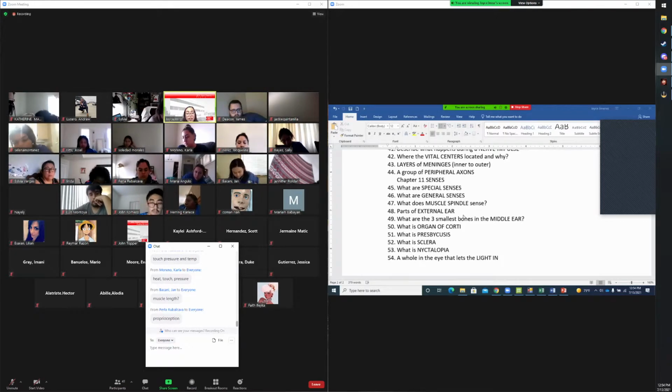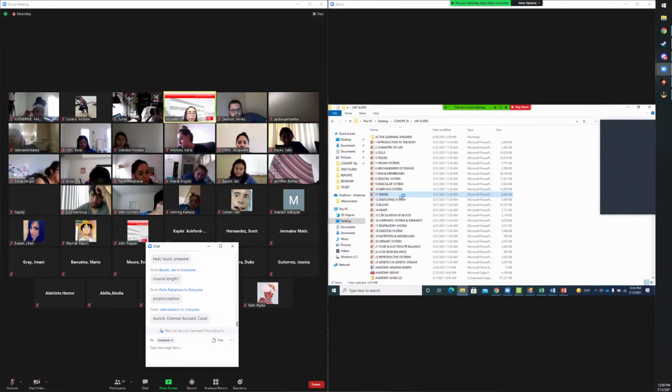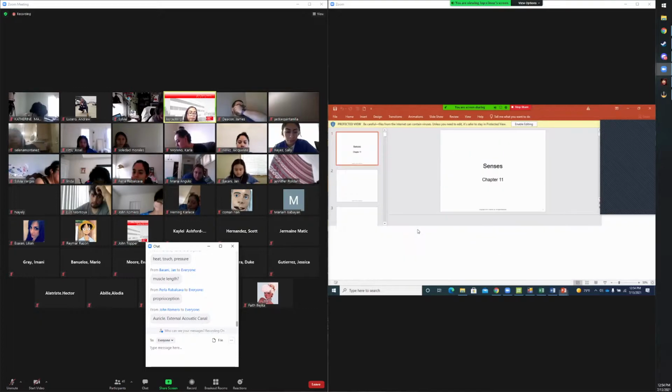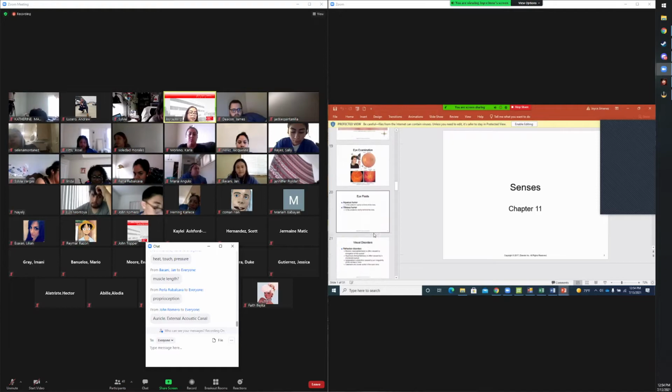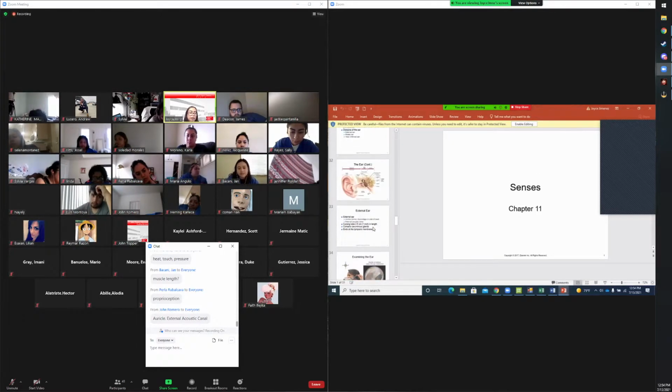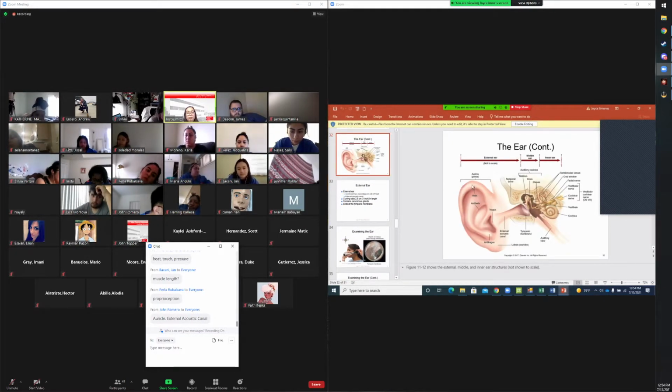Parts of the external ear. Where does the external ear begin and stop? We have three parts of the ear. From pinna to, what is this? Tympanic membrane. Very good. Look at this. This is your tympanic membrane.